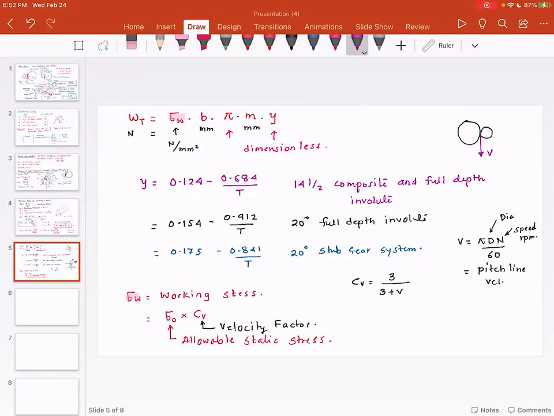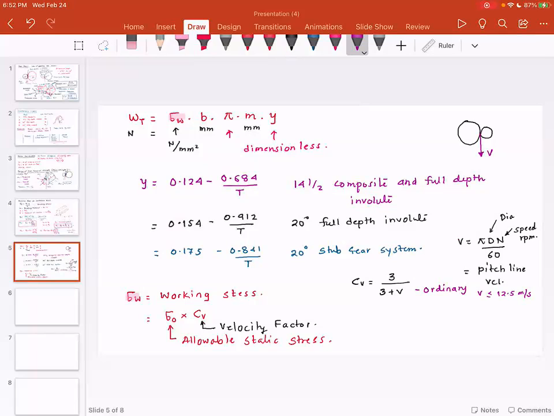So the equation is 3 divided by 3 plus v for ordinary gears, and where the velocities are up to 12.5 meters per second.